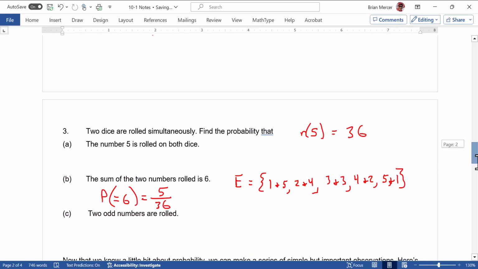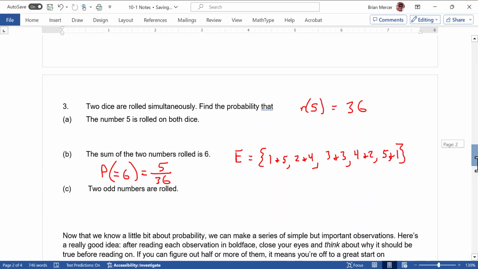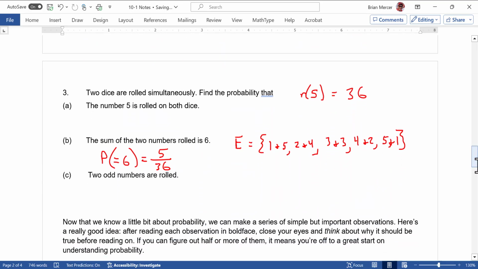Other things that we'll do, and I've written out some of these just to move through them. 2 dice are rolled simultaneously. I didn't draw this; you can find all kinds of pictures of all the different outcomes with 2 dice, but there are 36 different possible outcomes. So what's the probability of getting the number 5 rolled on both dice?